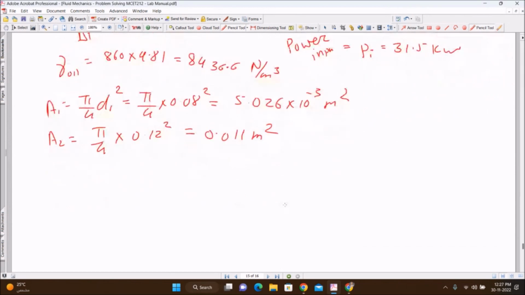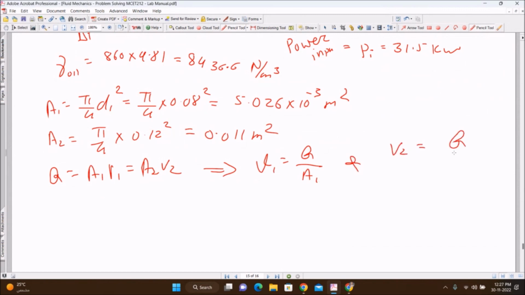Once I know the area, I can find the velocity. By the continuity equation, Q is equal to A1 V1 is equal to A2 V2, which will give V1 equal to Q by A1 and V2 equal to Q by A2.